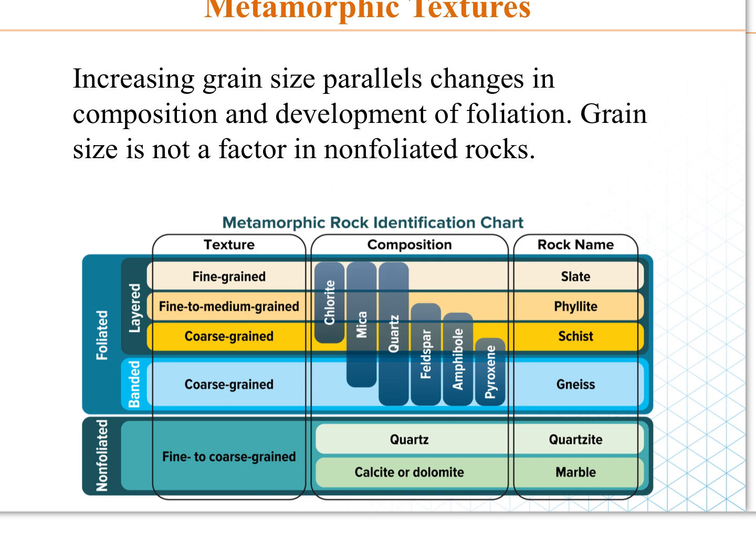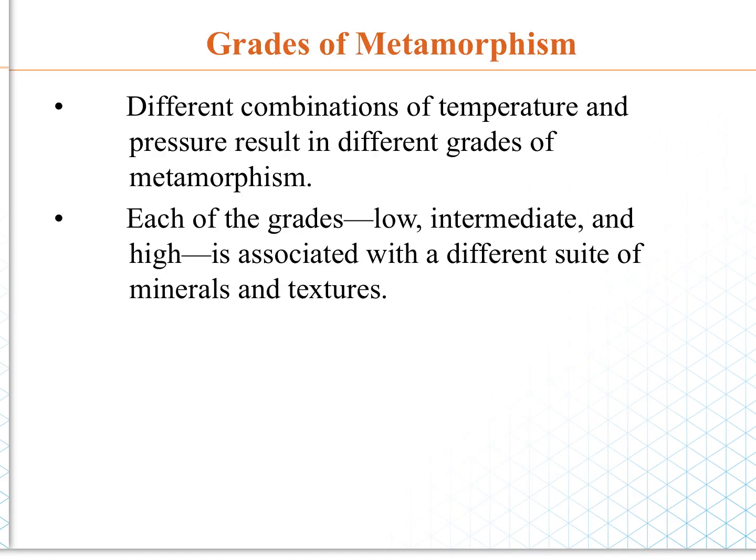Above that, you have the layered rocks, and very clearly layered would be schist, phyllite, and slate. Now, those are actually different grades of metamorphism. I can take a shale and make all three of them if I increase the temperature and pressure enough. So that's what this slide is trying to tell you.